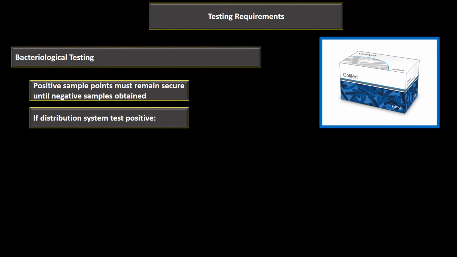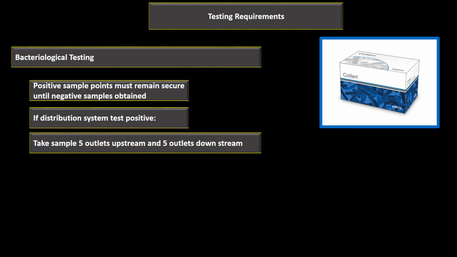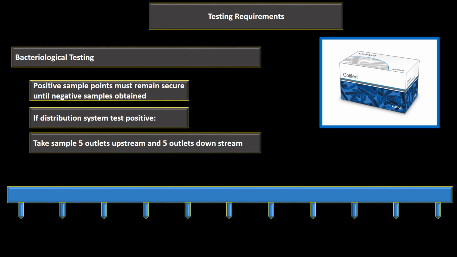If a distribution system tests positive, we've got to take samples 5 outlets upstream and downstream. So let's say that this is a distribution system. This is a big old piping of water, and this right here is a spigot where water's coming out, and we tested it, and it tested positive for bacteria. We do our bacteria test once a week, and this one tested positive. Well, we're going to secure it, and we're going to take a sample 5 outlets upstream.